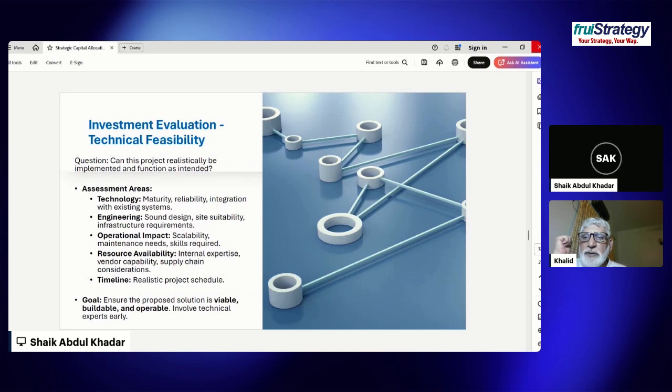The engineering part, whether it's sound design, the site is suitable, infrastructure requirements, operational impact, the scalability of the project, its maintenance needs, and what are the skills required, and resource availability, what is the internal expertise, vendor capability, supply chain consideration, etc., and the timeline, whether project schedule is realistic or not. And the goal is to ensure that the proposed solution is viable, buildable, and operable.